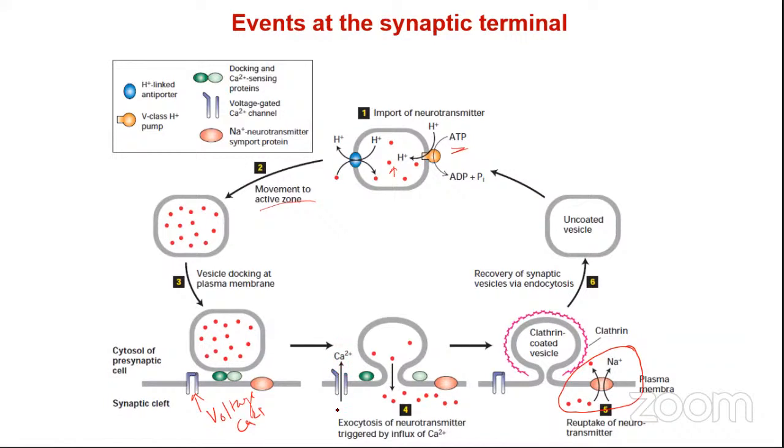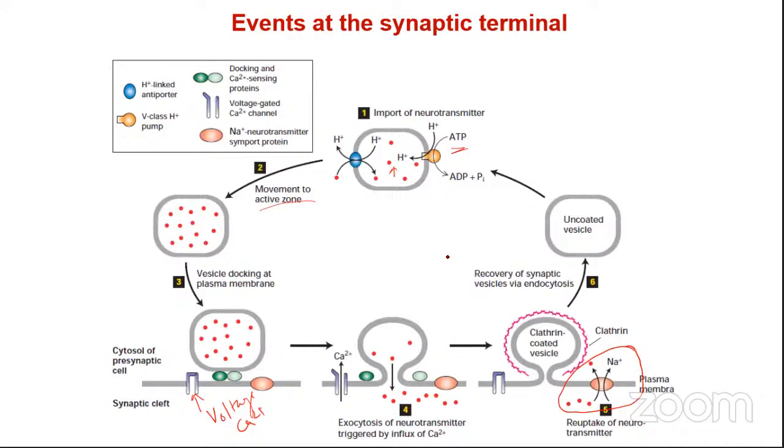Because there is an inflow of calcium, the incoming calcium binds to these docking proteins and changes their conformation. Because of that, they are moved apart. Previously they were together, but as soon as they bind to calcium, they move apart. And that brings the vesicle in contact with the presynaptic membrane, and that causes exocytosis, meaning release of the neurotransmitter into the synaptic cleft.